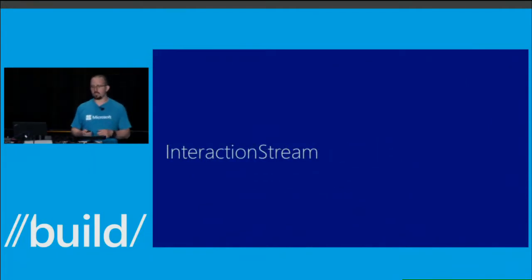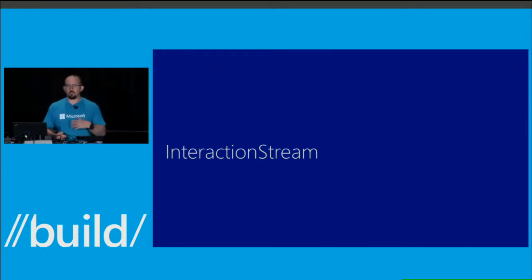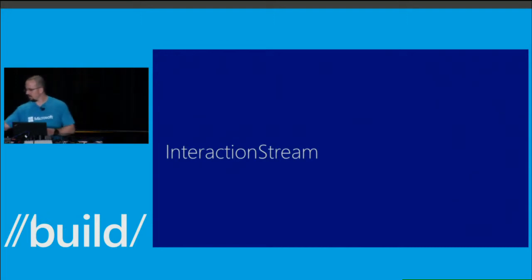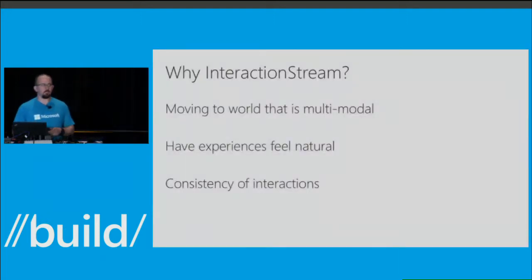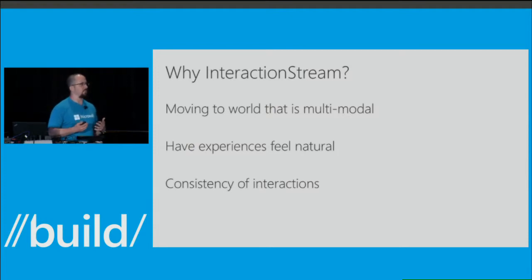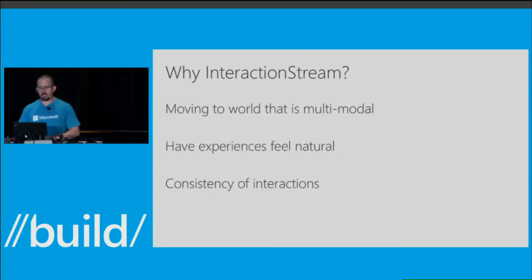So the interaction stream, let's talk about this. Why did we do it? Well, I think I spoke to that a little bit in explaining the samples there. But one thing I didn't mention is that we see that we're moving into a world that's multimodal. I mean, this laptop that I have right here has a touchpad, it has a little pointer nub thing, has a keyboard, and a full touch screen.